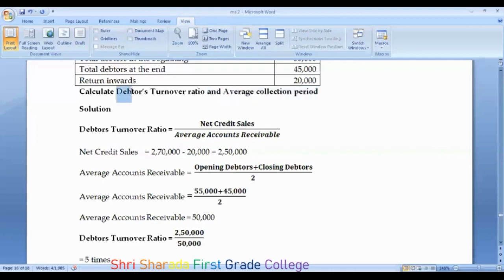As it is debtors, it deals with the customer's information. Whenever it is creditors, it deals with the supplier's information. So it indicates the average period which will be granted to the customers by the company. So in what period, in how many days or how many months, the collection can be made out of the sales made.